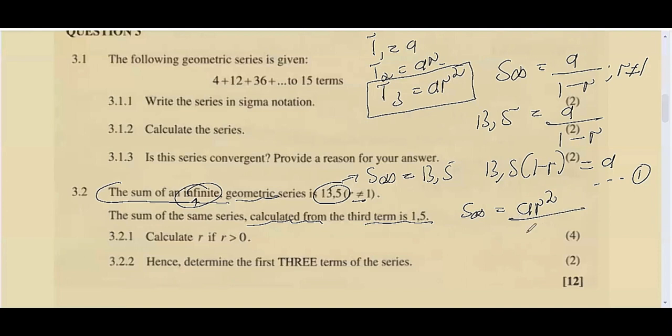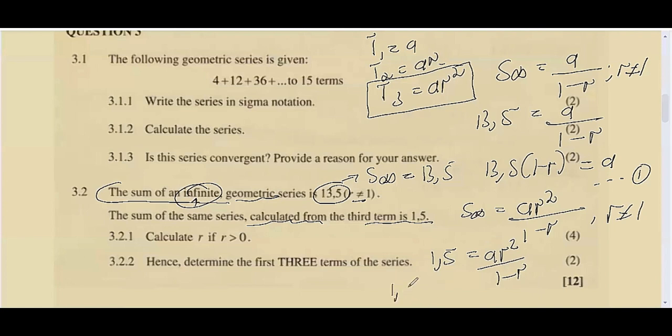Then we have over 1 minus r, where we know that r must not be equal to 1. Then what is your sum to infinity? They said if we are excluding the first 2 terms, then our sum to infinity is only 1.5. So we have 1.5 is equal to ar squared over 1 minus r. Now, what can we do? Let's cross multiply here.